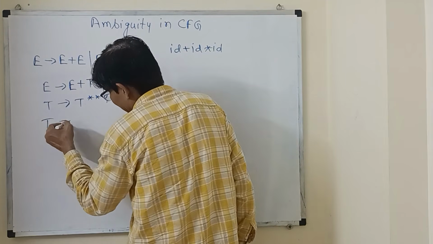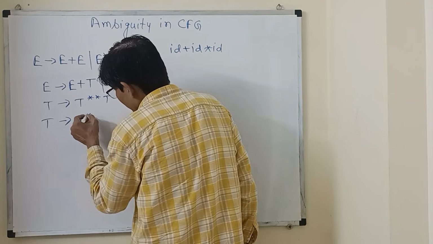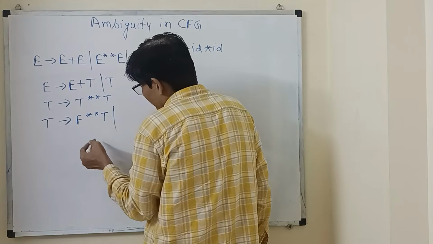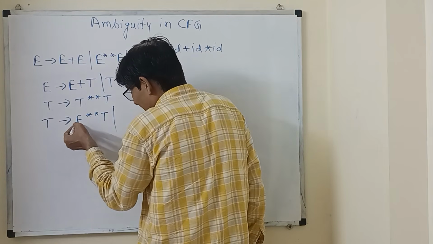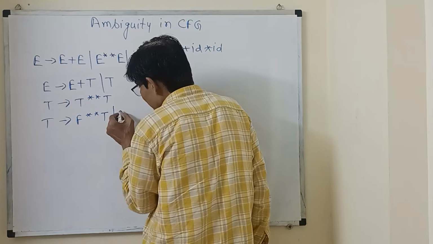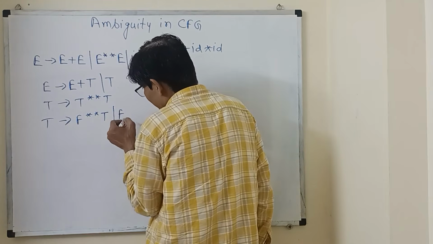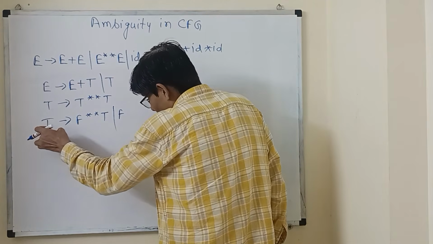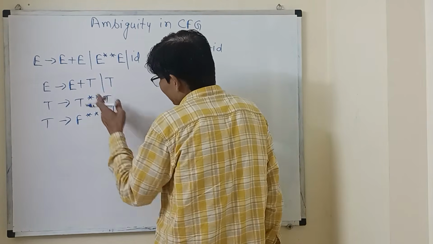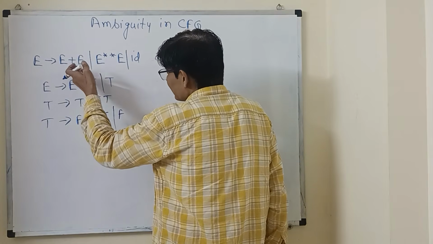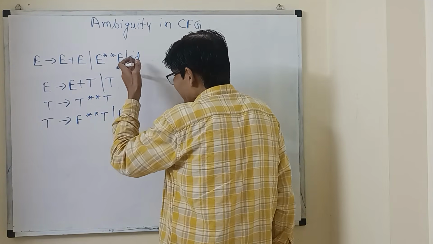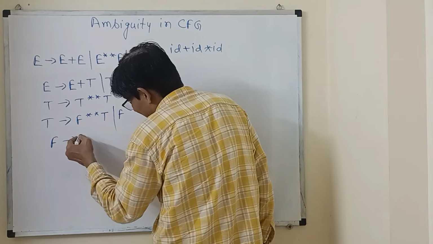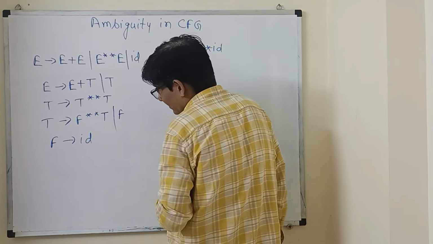So I will write it as F exponentiation T, and as we are replacing one occurrence of T with F, F must be directly generated from T, so we need to add one more production, T gives F. Now as we have converted E into T, then T into F, we can write one more production: in place of E gives id, I can directly write F gives id.